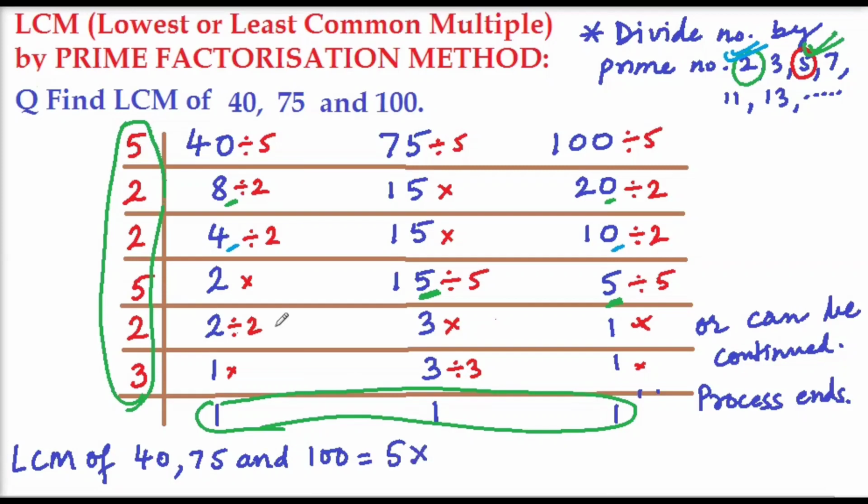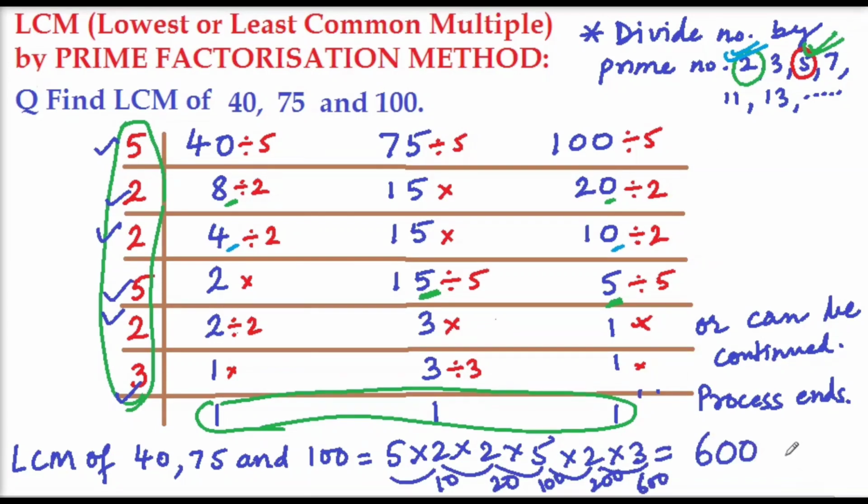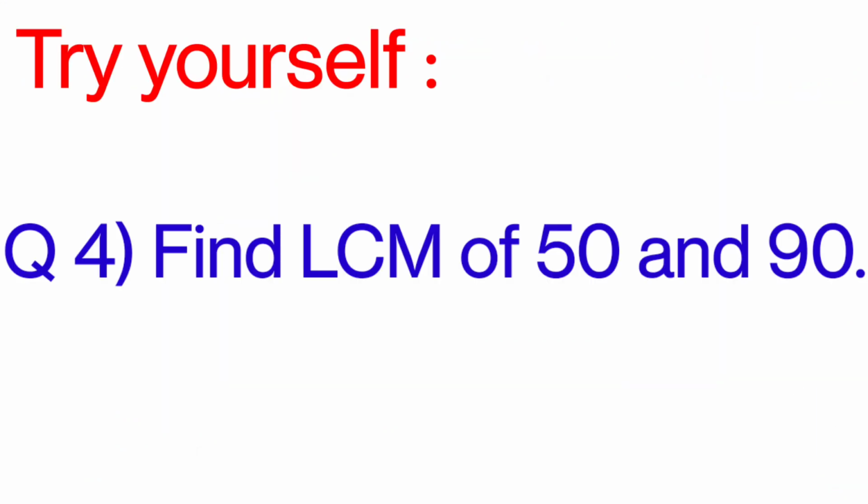We'll write only 5 into 2 into 2 into 5 into 2 into 3 into 2 into 3. No need to write 1. We'll multiply all these numbers and we'll get 600. 600 is the LCM. Now try yourself.